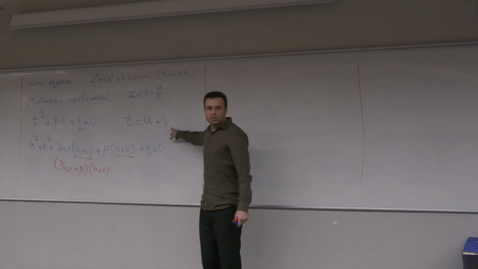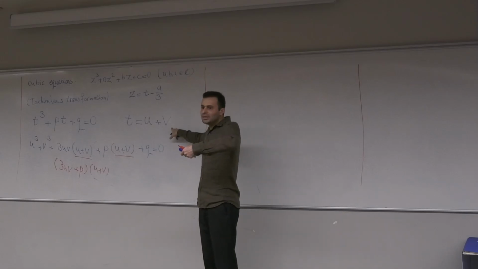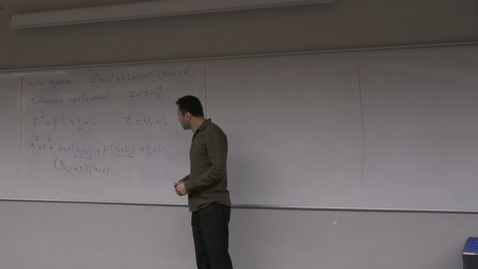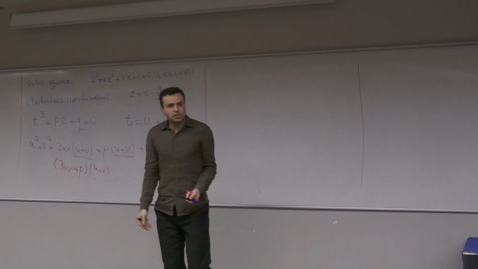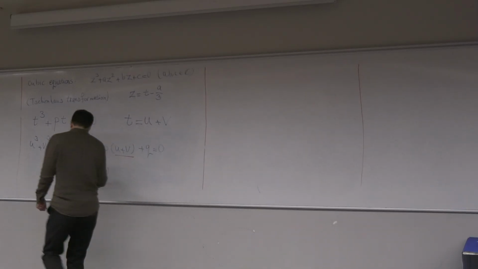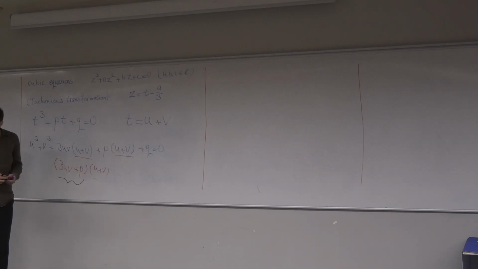But if we impose another restriction on them, then we hope that we are going to find a unique set of u and v. What is that restriction that is also going to help us? If, for instance, we assume that this thing that we have here is equal to 0, not only do we have some restriction on u and v, but this equation also becomes simpler.